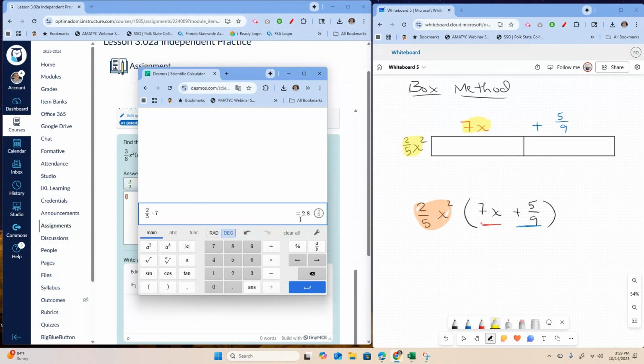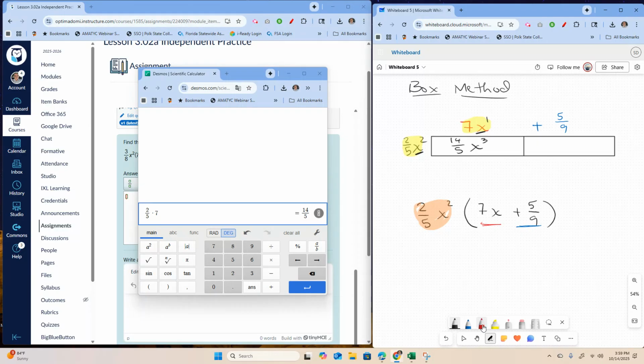And you can see I got a decimal, but no decimal. You're going to click the circle. So you get 14/5. That's what I'm going to put here, 14/5. And when you multiply the x squared by the x, this x here, you don't see an exponent, it's 1. And what do you do when you multiply letters that are the same? You keep the letter, you add the exponent.